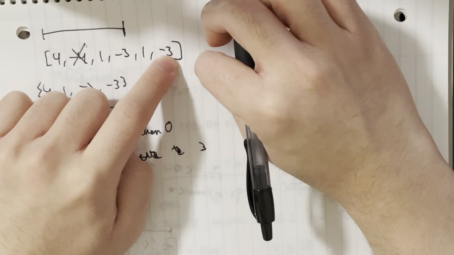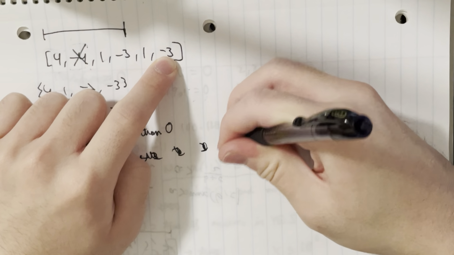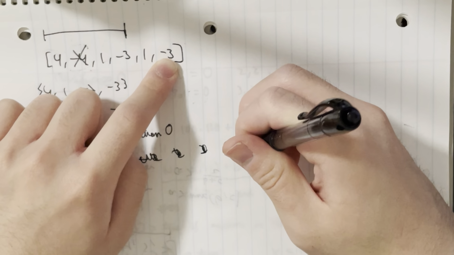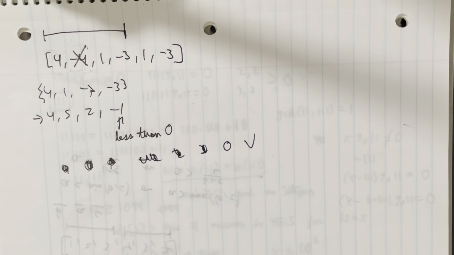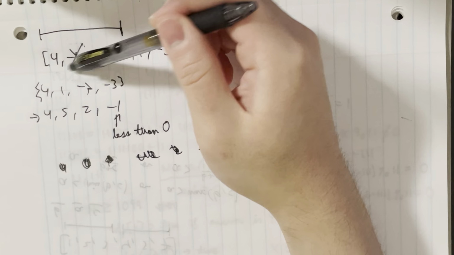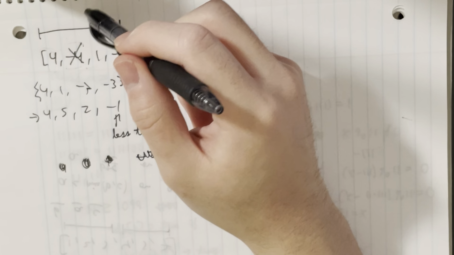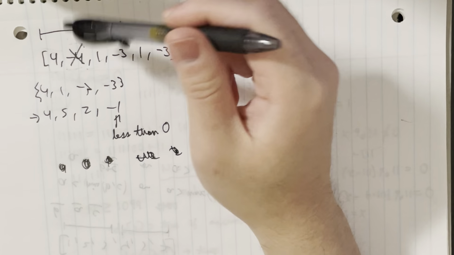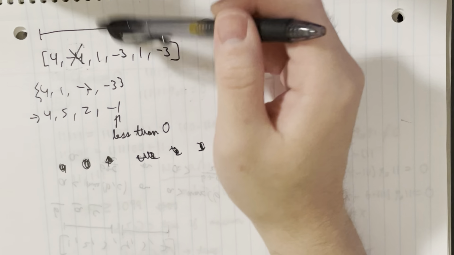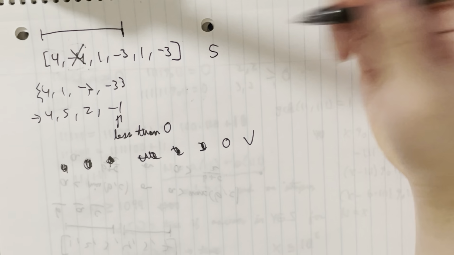And then we have a value of -3 over here. 3 minus 3 is equal to 0, which is still okay. Okay, so with this process, we see that we removed exactly 1 potion. And because we removed 1 potion, the longest possible subsequence is the length of the array minus the number of potions that we remove, which in this case is 5.